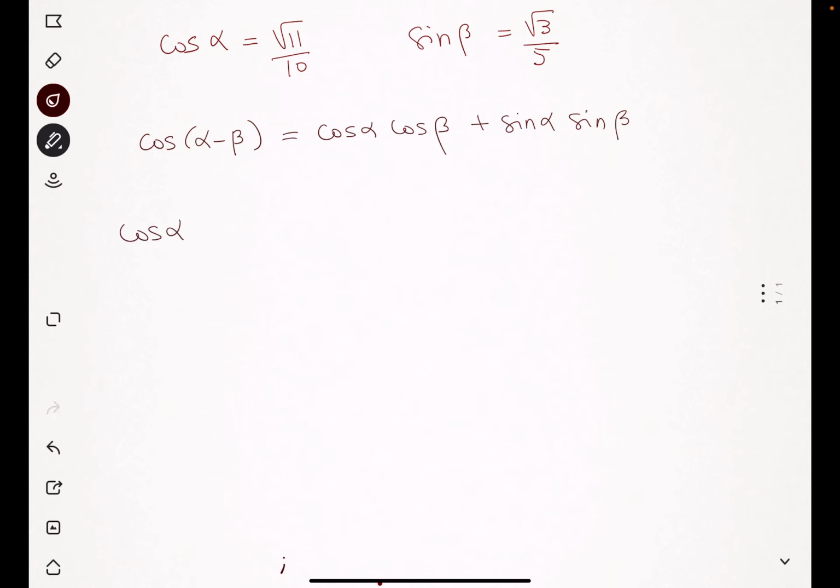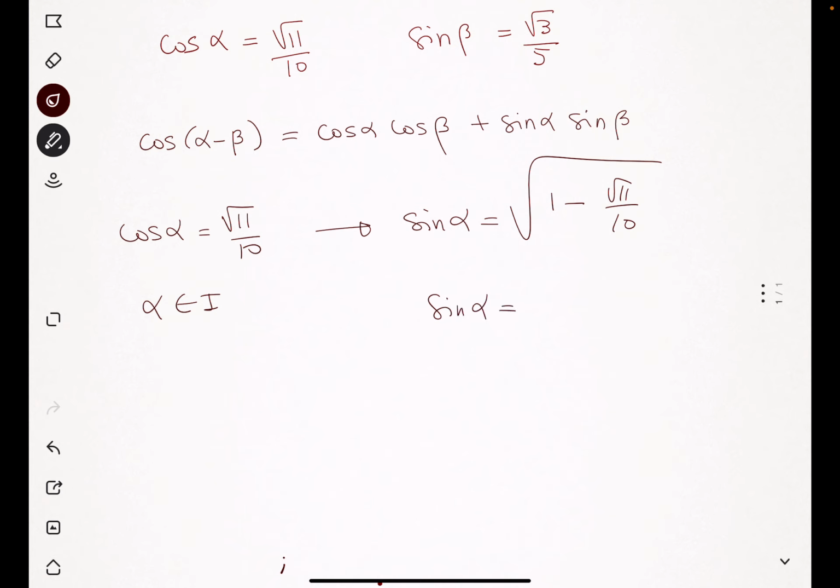But you know that if you know the cosine of the angle and you know that the angle is in the first quadrant, so you know that the sine of the angle is the square root of 1 minus the cosine squared, right? Okay, you just do the operations here and you calculate the sine.